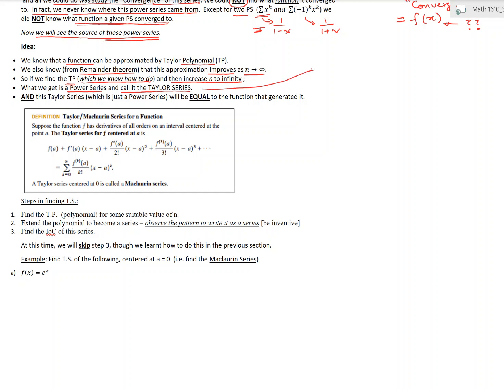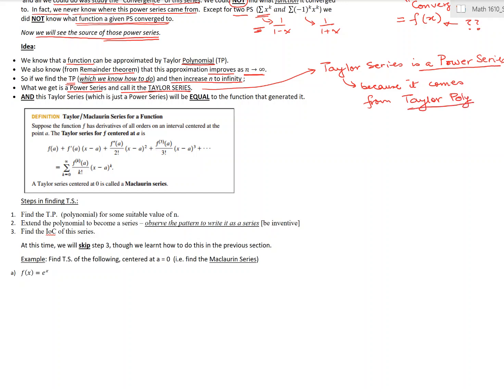So the first thing to notice is that the Taylor series that we are going to study is a power series. It is a power series. We just call it a Taylor series because it comes from the Taylor polynomial, just to have the name Taylor.